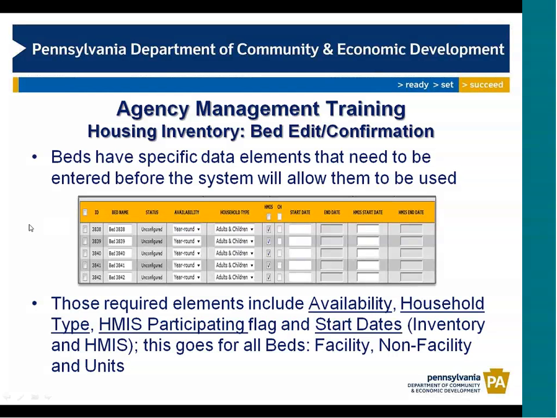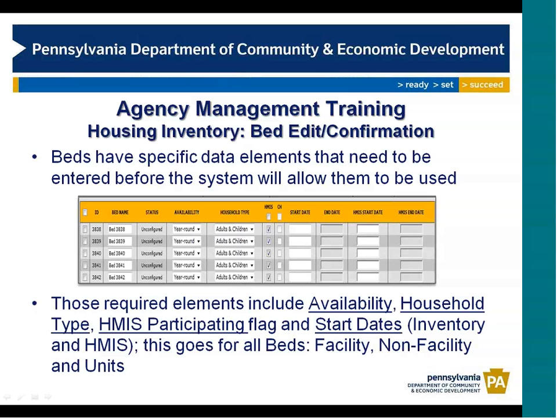Now, the first full entry screen provides you with the number as well as the availability and the household type. Once you create new beds, what you'll have to do is come in and tell whether it's HMIS participating, and the second stage of the configuration is entering in the dates for that inventory.